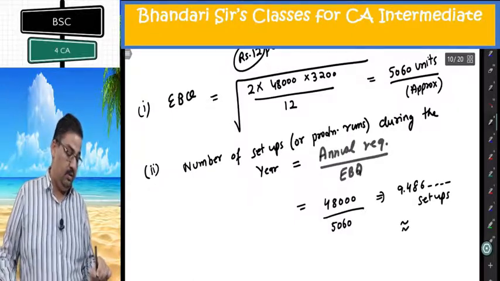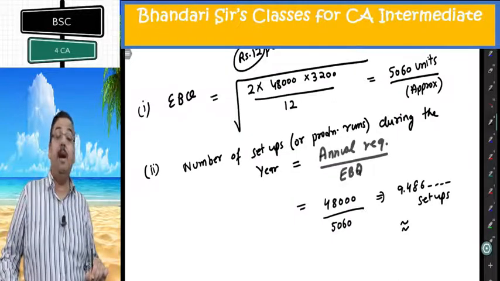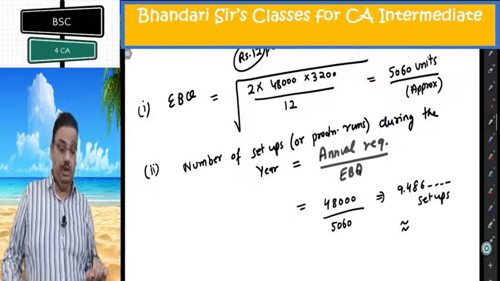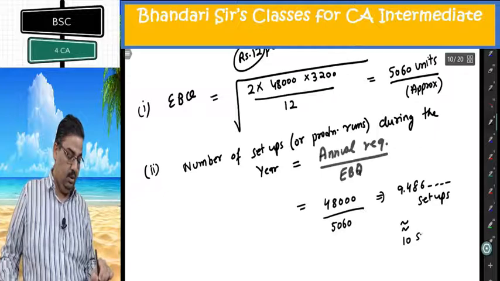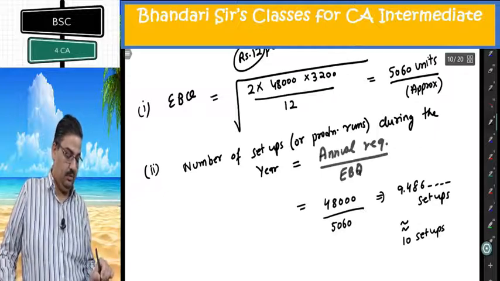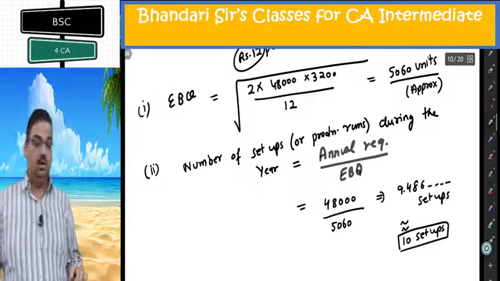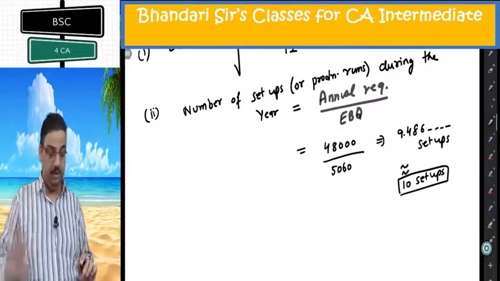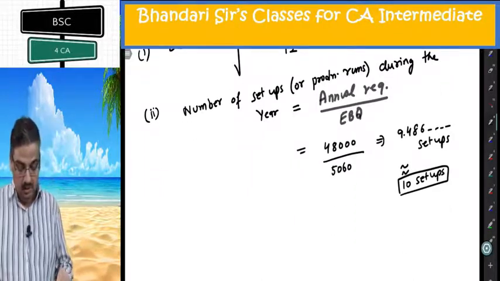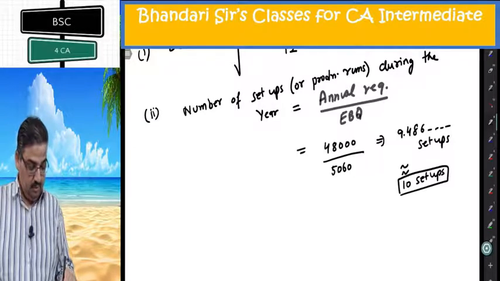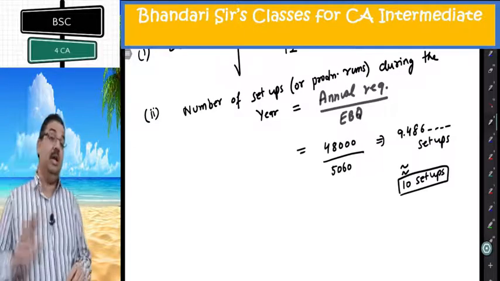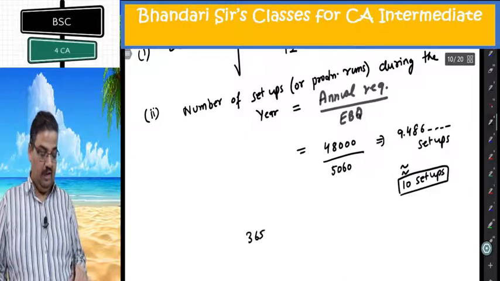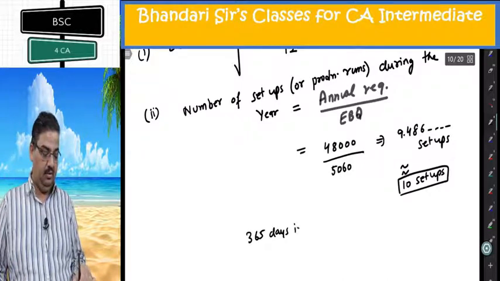What your institute does, they approximate it. I don't recommend to approximate, but institute does approximation. 10 setups. Why we don't approximate? Look for material costing topic. There I explain in detail why not to approximate. Then there are 10 setups in the year. 365 days in year.